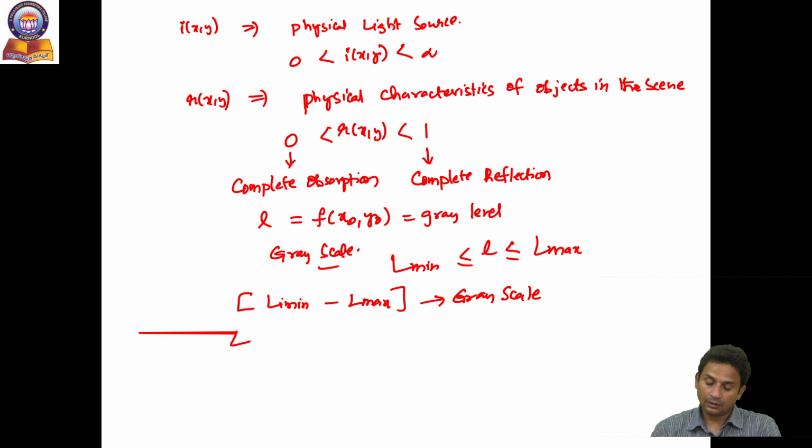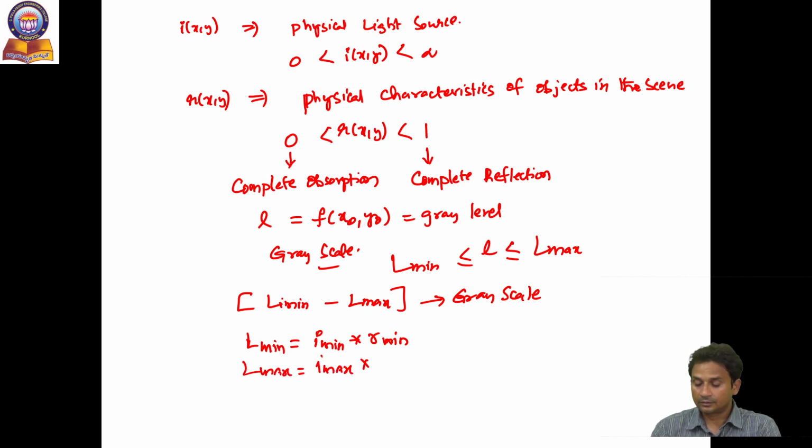where L minimum can be denoted as the minimum intensity, which can be mathematically modeled as I minimum into R minimum, whereas L max can be represented as I max into R max.